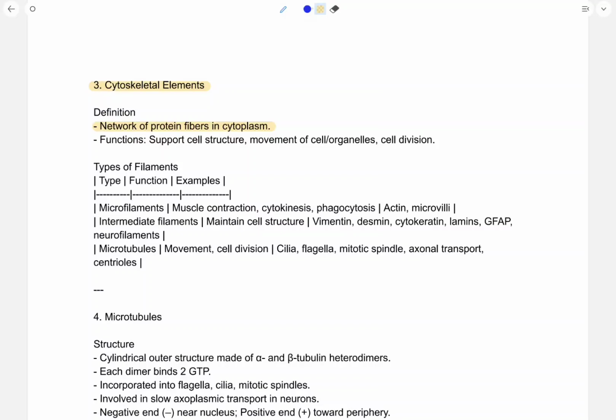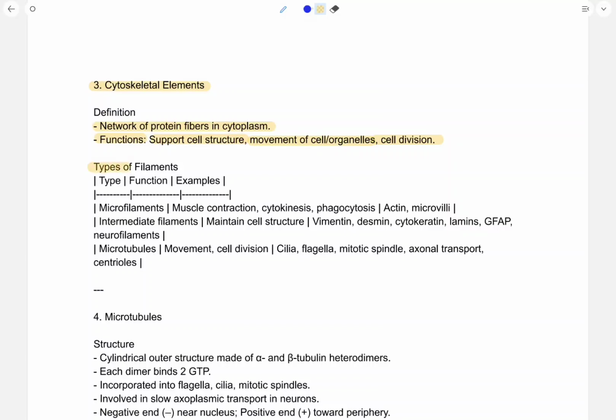The function of cytoskeletal elements is to support cell structure and the movement of cell organelles within the cell, and they also help in cell division.